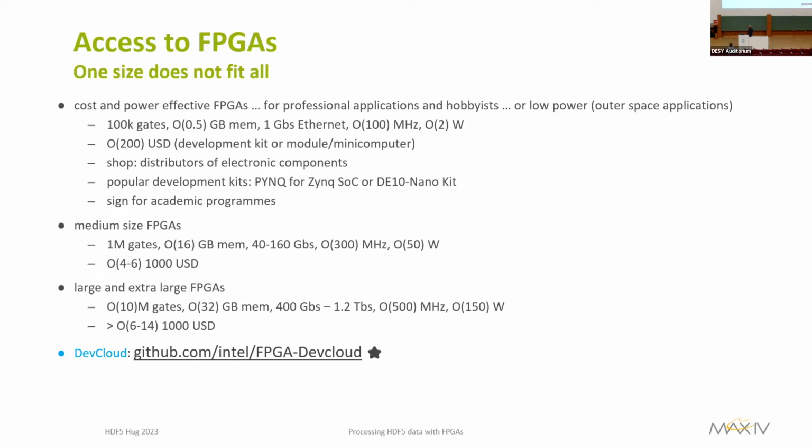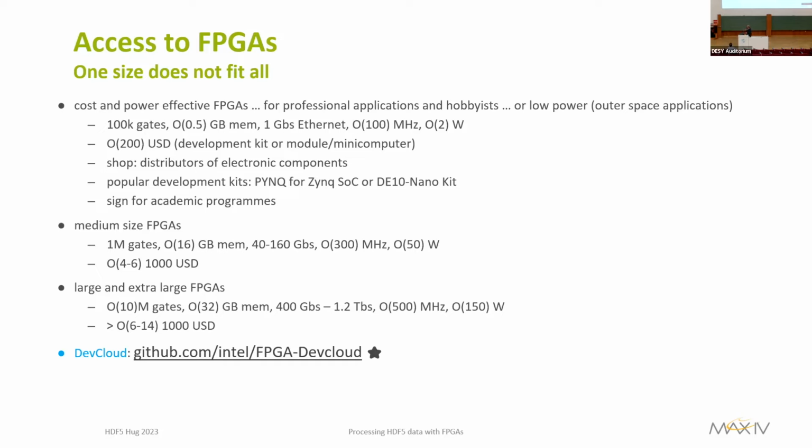I would not underestimate them, because thanks to their power efficiency they are very good, for example, for applications in space. I am personally running HDF5, reading and writing HDF5 data, on a SoC of that size. So even on such devices, one is running the HDF5 library.